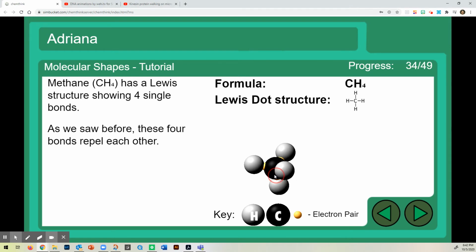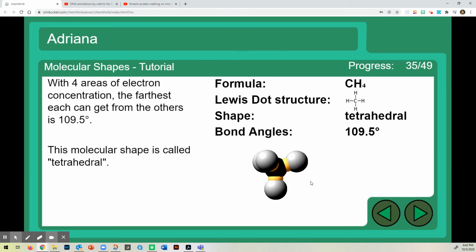So take a look at this shape. We know they're going to repel each other and make this amazing shape here. And we have that 109.5 degrees between each of the hydrogen atoms. And this molecular shape is called tetrahedral. Say that 5 times fast. Tetrahedral. I'm not even going to try. This is our tetrahedral shape.